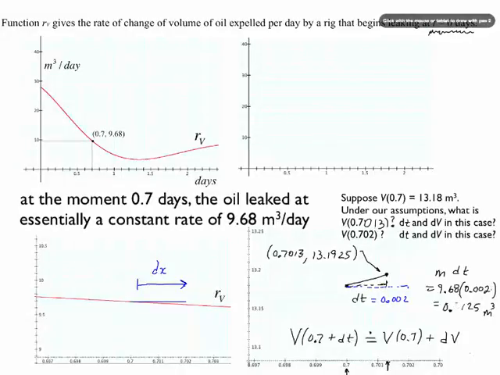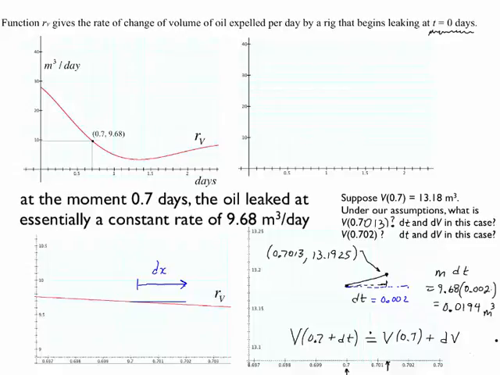Who's got a result for that? 0.19. How about one more decimal place? 4. How'd I do? Is that right? Okay, so now over those 0.002 days, according to a constant rate of change at that moment of 0.7, we have an increase in volume of 0.0194.